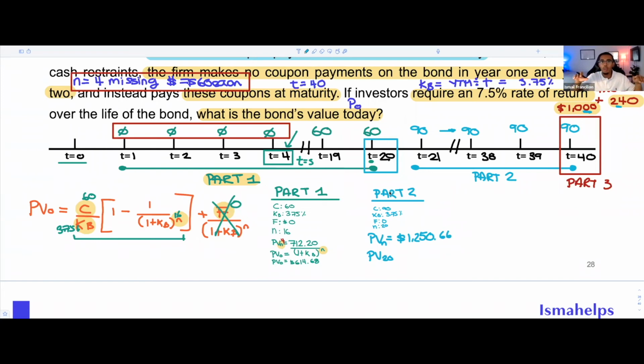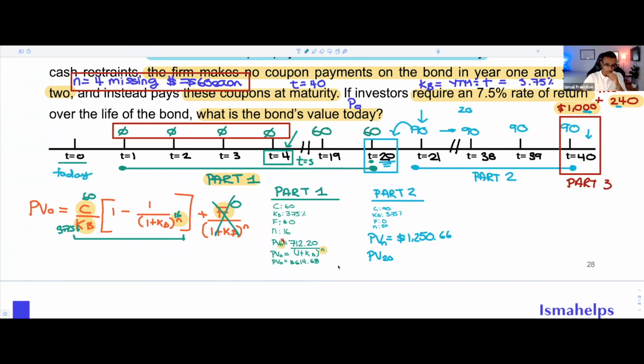We're still looking at timelines, we're still looking at cash flows. And if a cash flow begins at T21 and ends at T40, there were 20 payments made, sure, but the idea is that your present value is one period before. It's at T20. Now T20 is still not today. It's still not at T0.